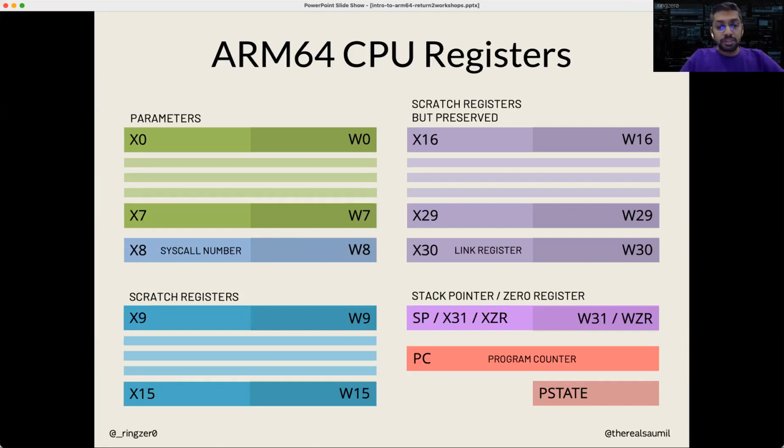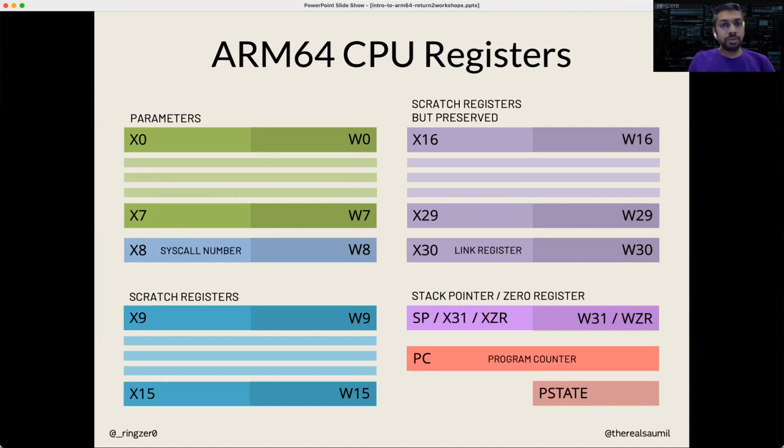And when it comes to functions, we have to pass parameters to functions. The first 8 registers, X0 through X7, are used for passing parameters to functions. And these are treated as volatile registers. That means they can be overwritten. They do not need to be preserved across function calls.